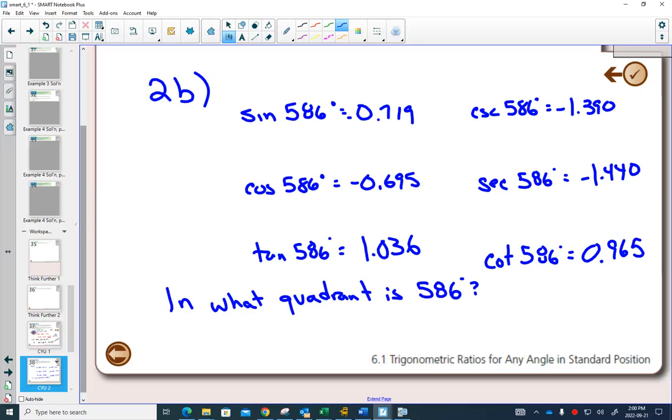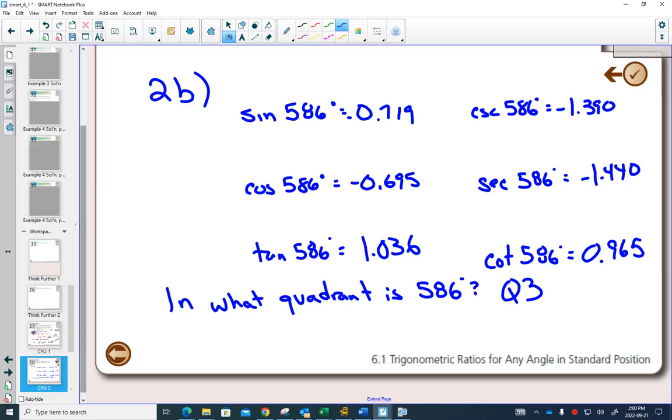Quadrant 3. How did you do that? How did we get quadrant 3? There's a couple of ways. You're doing 360 plus 226, and I know 226 is in quadrant 3. It would be coterminal with 200.